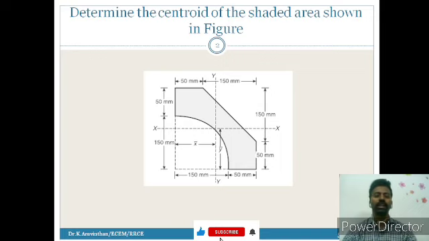That is why it is very important to strengthen your centroid concept so that you can move on to the next topic of moment of inertia. Like that, in the application of all the mechanics, this centroid concept is very basic. So let us solve this problem.